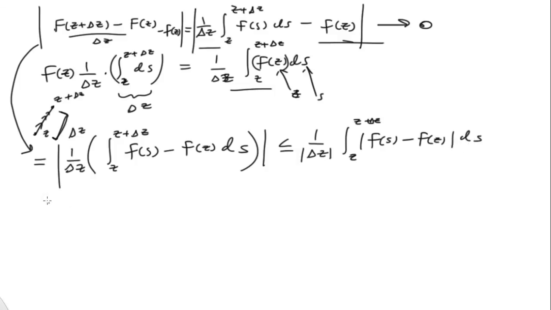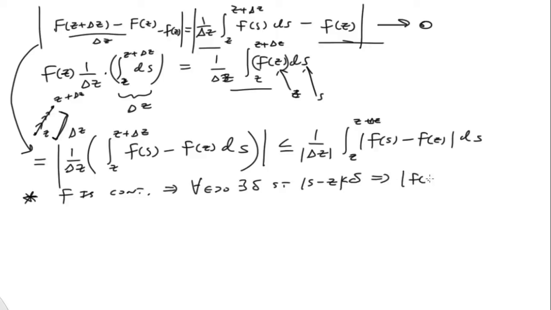Recall that the only assumption we had on f is that f is continuous. That implies that for every epsilon greater than 0, there exists a delta such that when the modulus of s minus z is less than delta, it implies that the modulus of f of s minus f of z is less than epsilon.